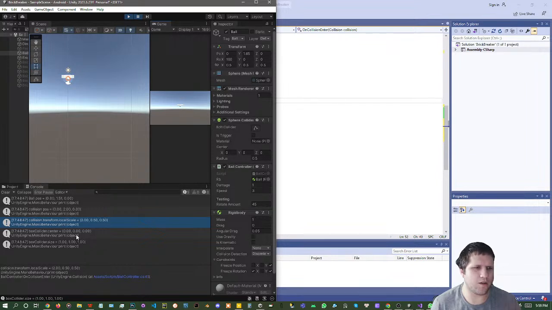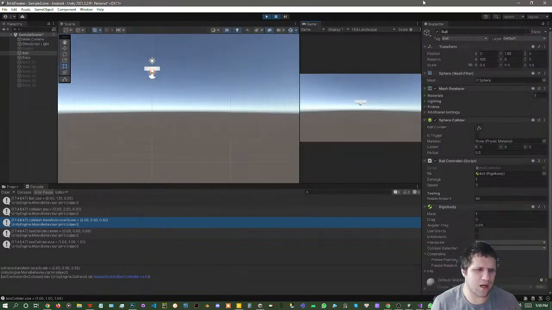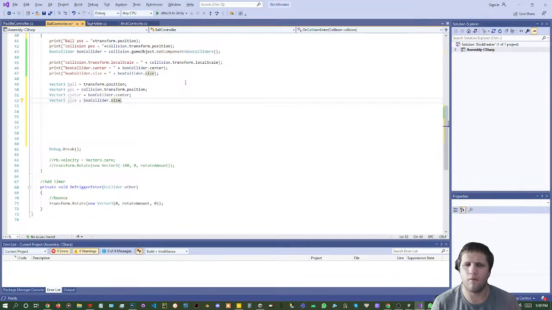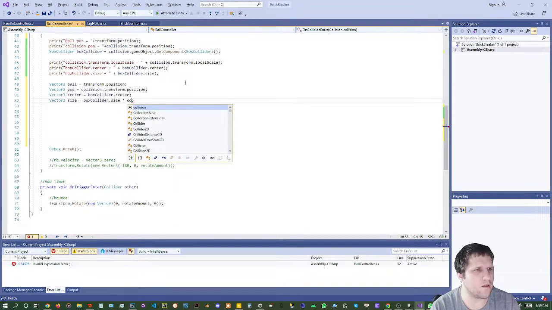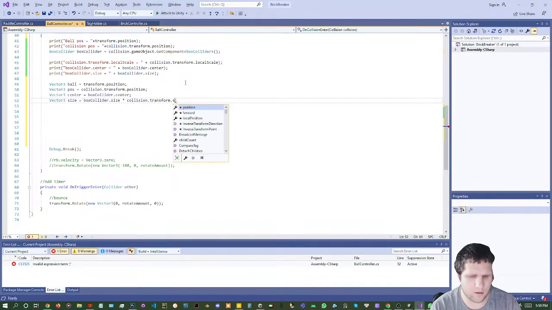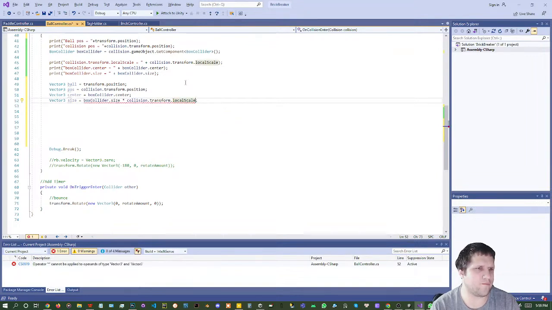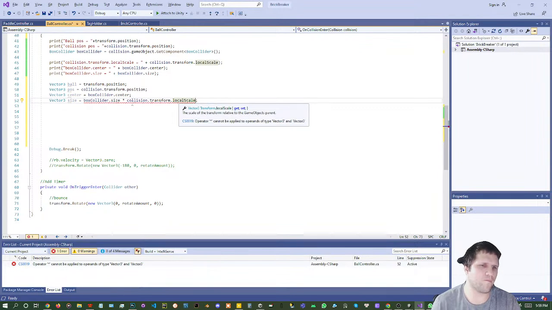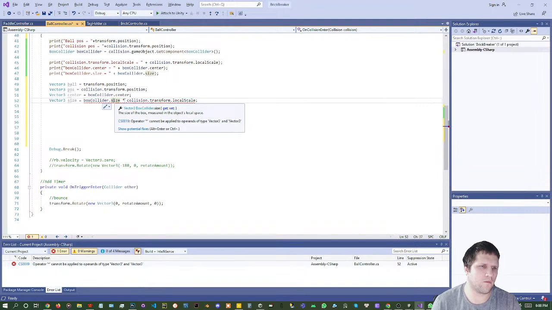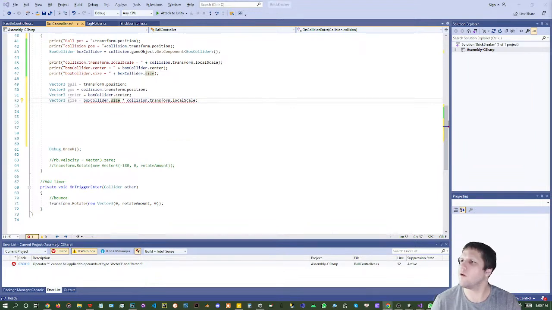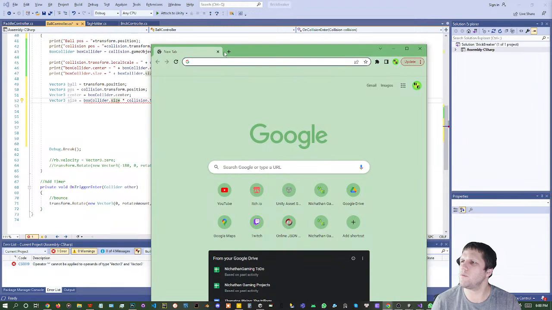So yeah, we want the size times scale times the collision.transform.localScale. You can't multiply? Huh, I feel like there should be some shortcut to do this.